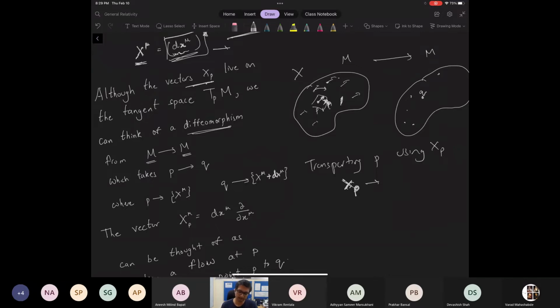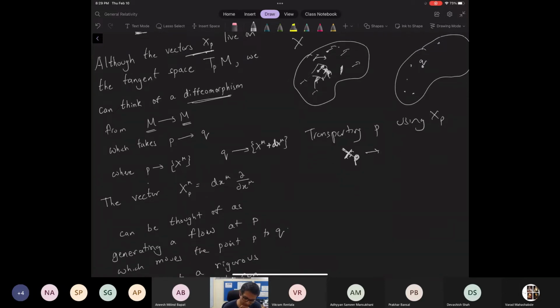And it gives you an amount of displacement in terms of how much the coordinates of the point P will change. So it will take you from some point P to some point Q, with coordinates x^μ plus dx^μ. So you can show this.